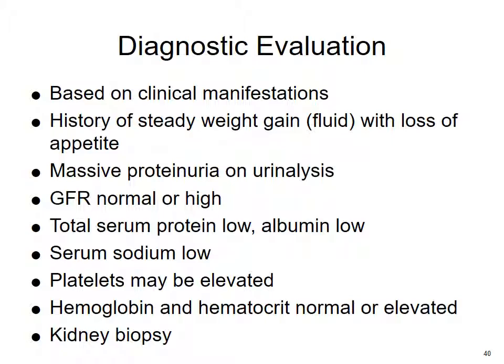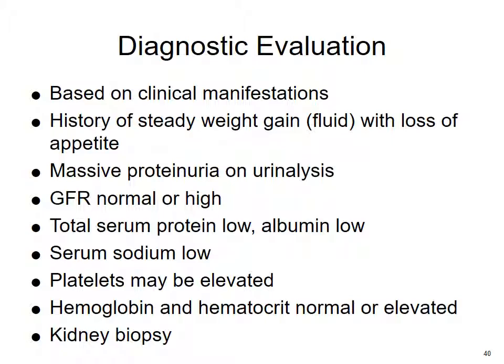Here's the tricky part. Their glomerular filtration rate may read as normal or high. So remember, it's not that the glomerular membrane doesn't filter anymore. It's that it's letting those large protein particles through, whereas it should not be.